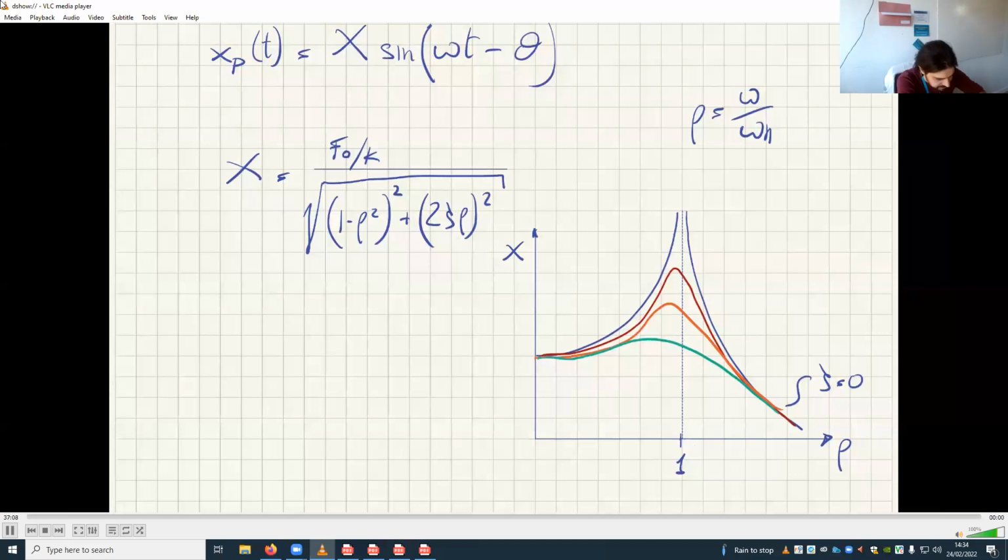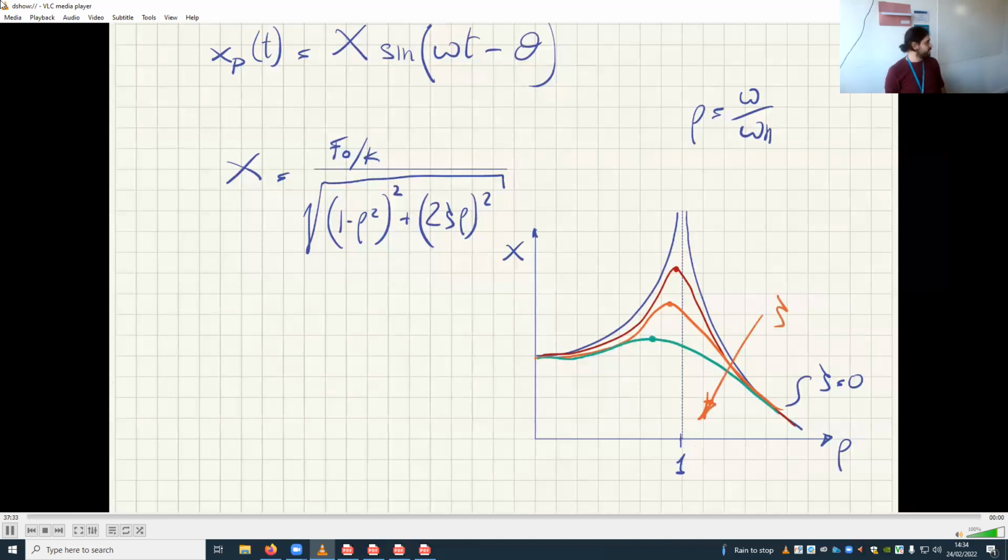So these peaks, this one, and this one, as you can see, they shift left. As you keep increasing damping, if you increase zeta, these peaks shift slightly to the left.